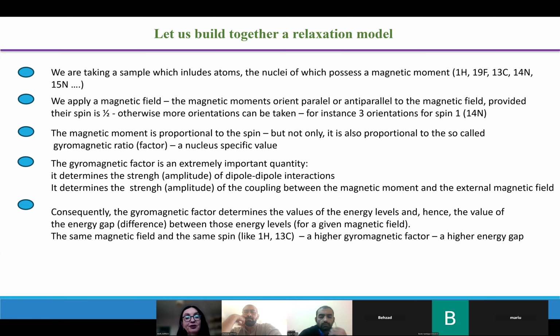But the real difference between the energies associated with those two orientations is determined not only by the spin, which can be the same, like in this case 1/2 for both of them, but also, and first of all, by the gyromagnetic factor, which you can look up and see what values they take. And you will see that for 1H it is the highest one.